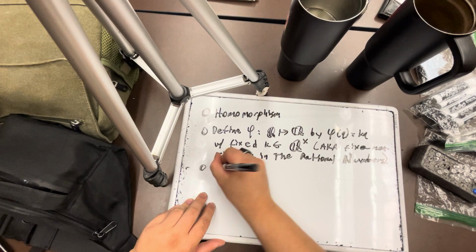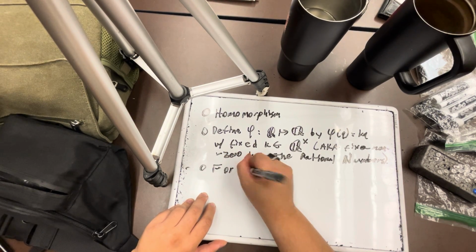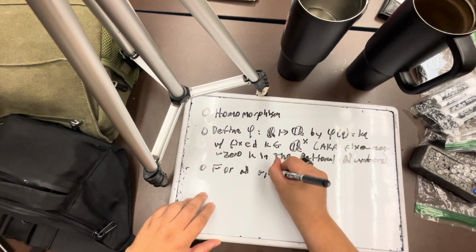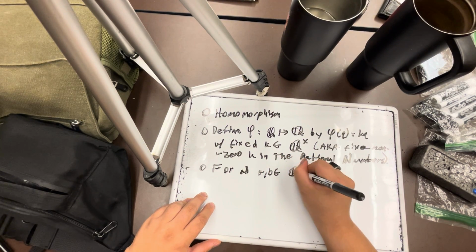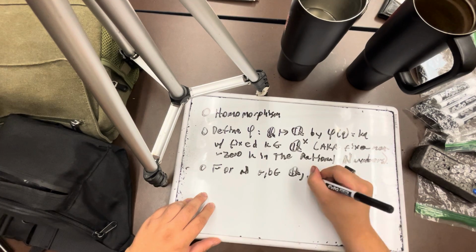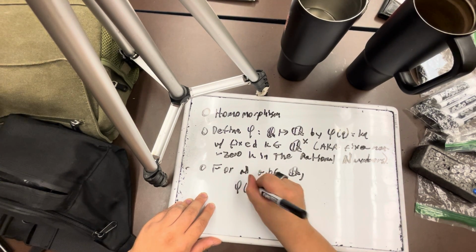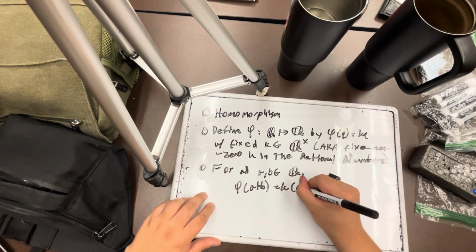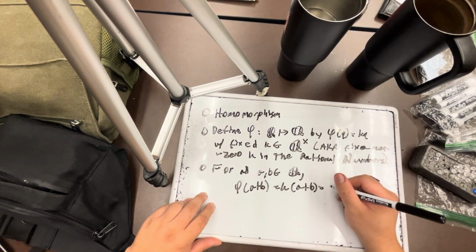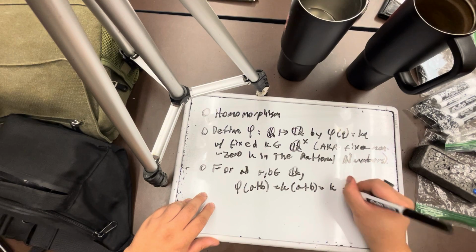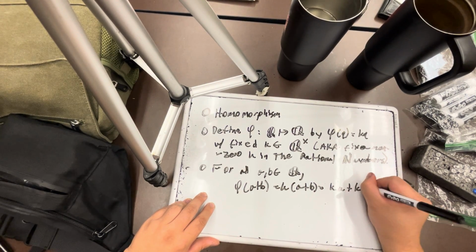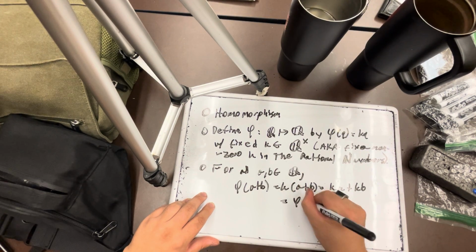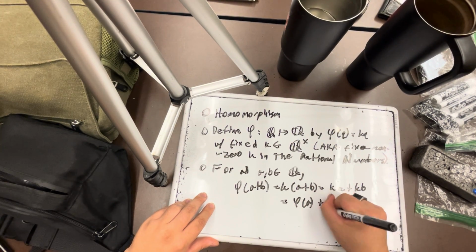Now, for all a, b contained within the rationals, phi of a plus b is equal to k times (a plus b), which is equal to ka plus kb, which is equal to phi of a plus phi of b.